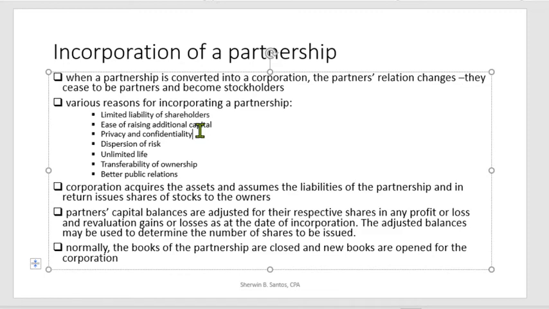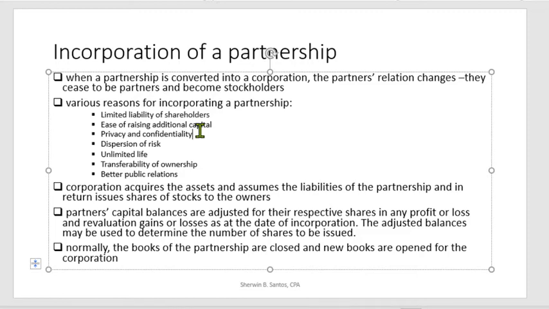After ma-state yan at their fair values, i-recognize na yan as it will be absorbed by the corporation. So, i-acquire yung assets based on the fair values stated, and then assume liabilities based on the fair values stated. In return, mag-i-issue yan ng shares of stock to the owners.